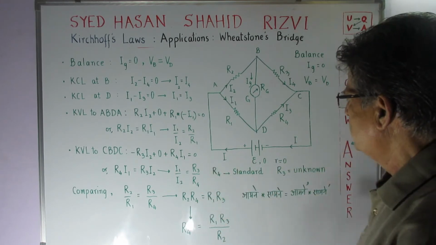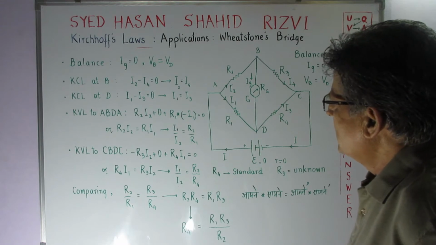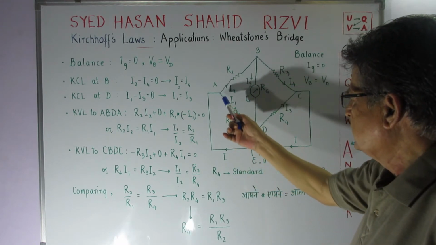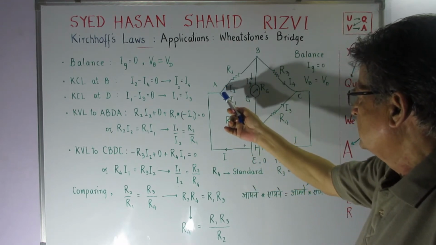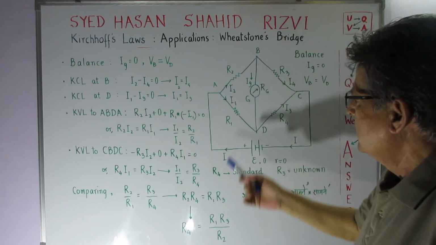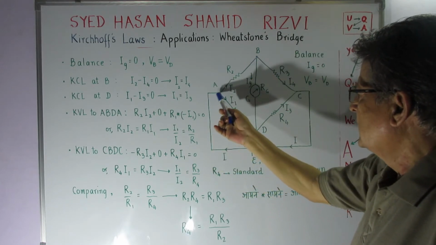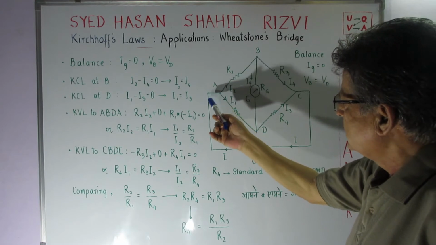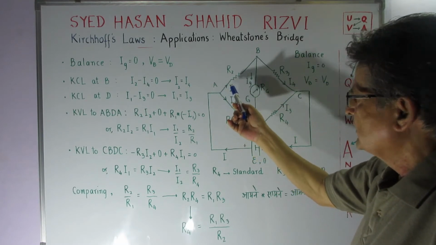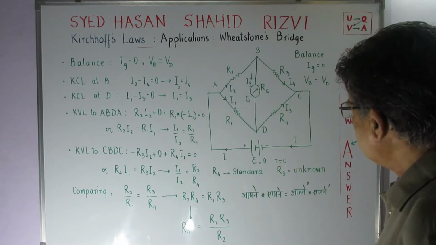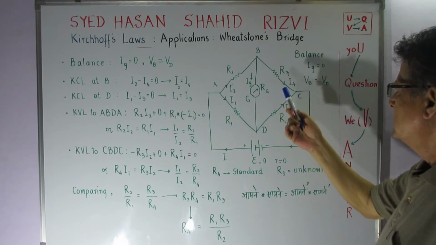So with this, now what I say is that let this current be I1, and this current is I2, okay, and you can see that this current is I, so this is the incoming current, so I will be equal to I1 plus I2. And here I have the current I4.